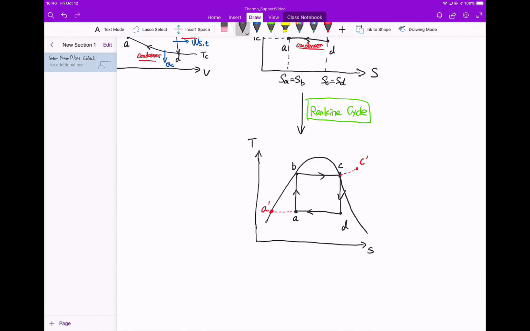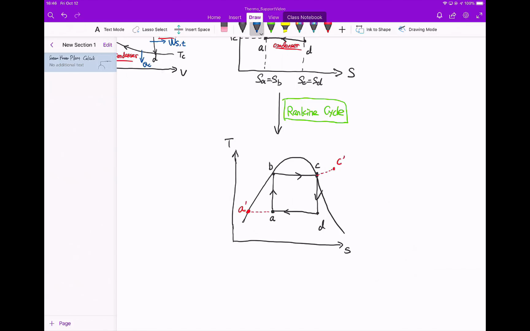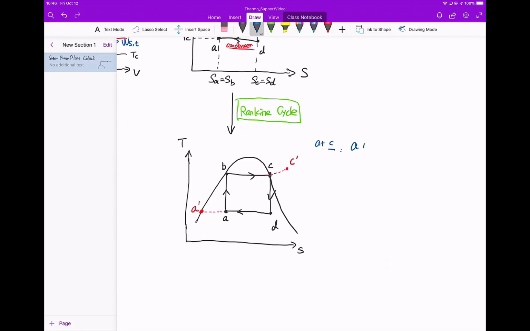Okay, so for the modification of state C, over here at C, we are going to have a mixture of high temperature vapor and liquid.